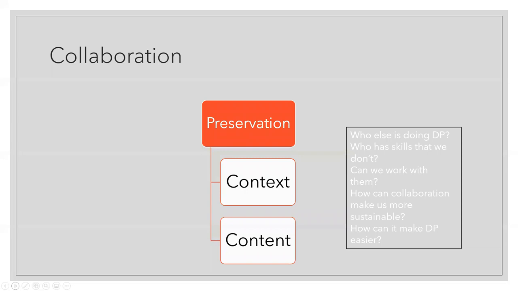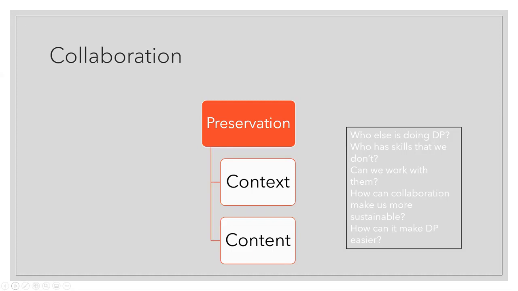Okay, so some questions you might ask: who else is doing digital preservation? Who has skills that we don't? Can we work with these people? Can we develop some kind of a relationship with them and have them help us with the problems or the issues that we're having with preserving digital records? And kind of related to that, how can collaboration make us more sustainable?